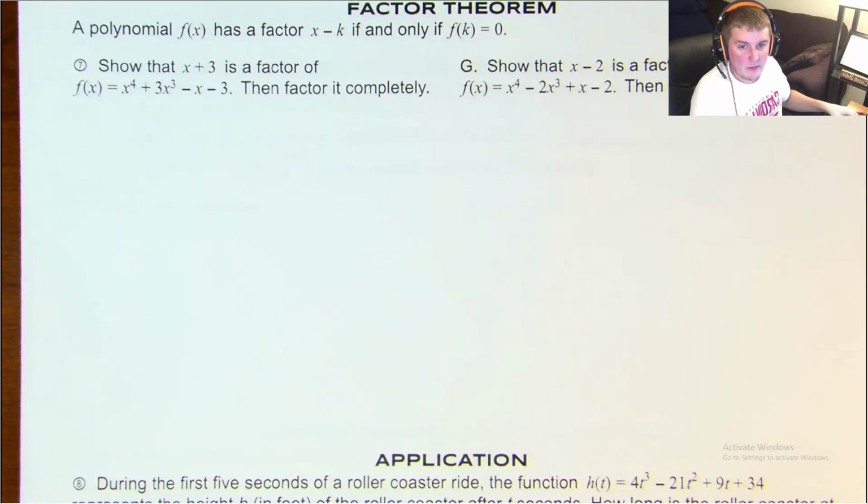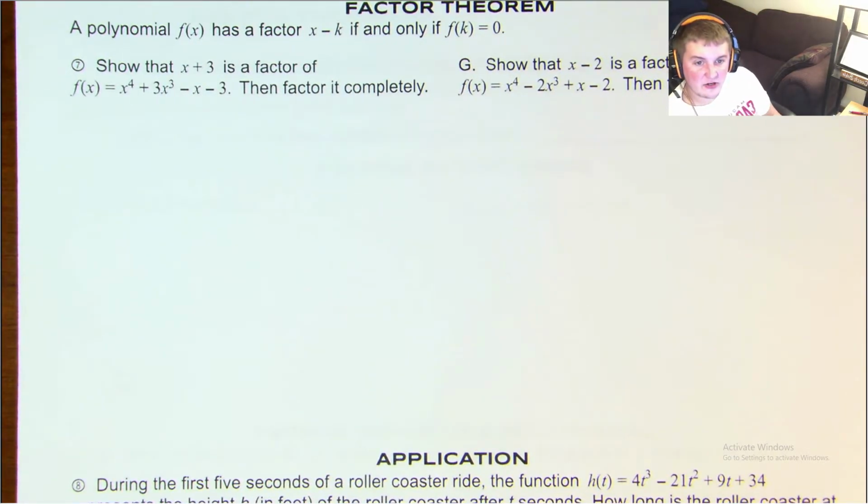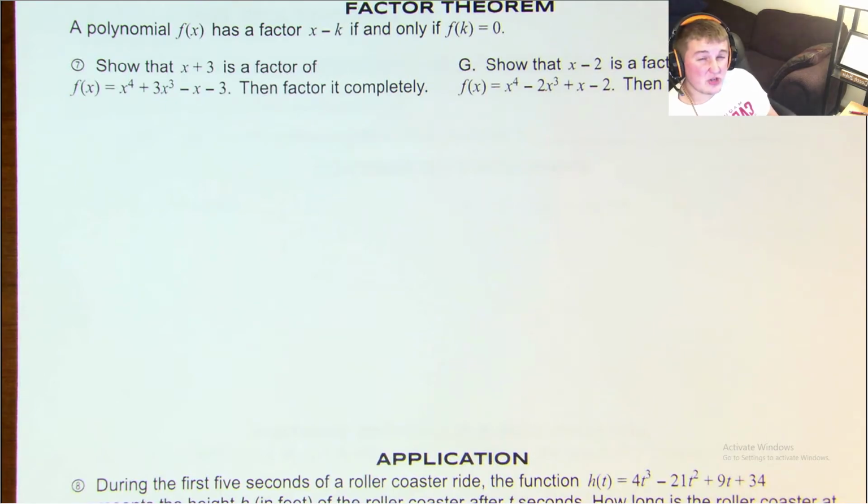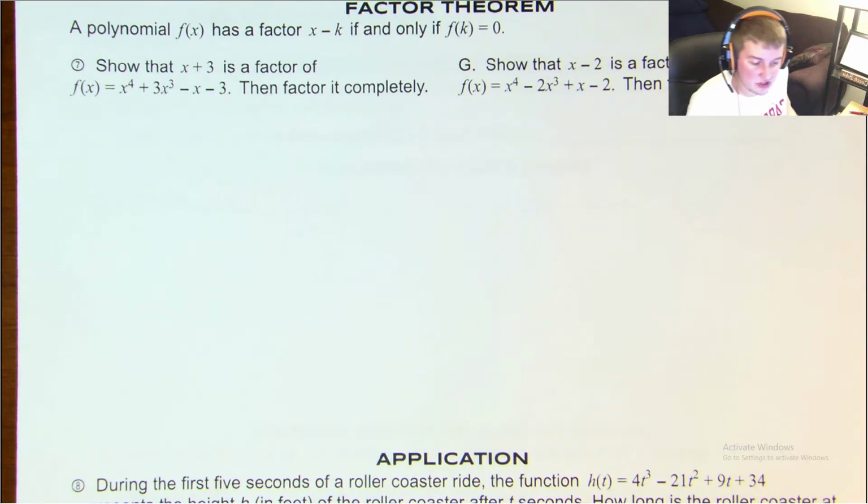A polynomial f of x has a factor x minus k only if f of k is equal to 0. So this is exactly what we were talking about at the very end of 4.3. This is kind of going to be the beginning of our synthetic division to solve.